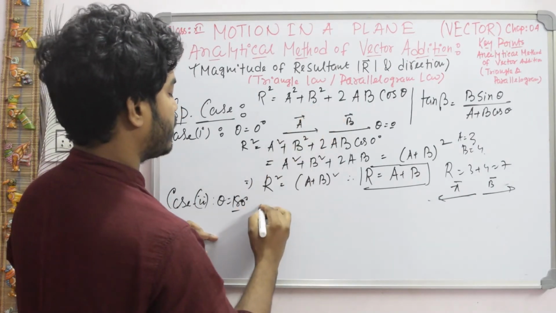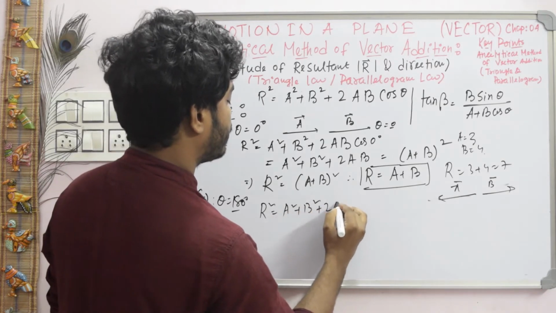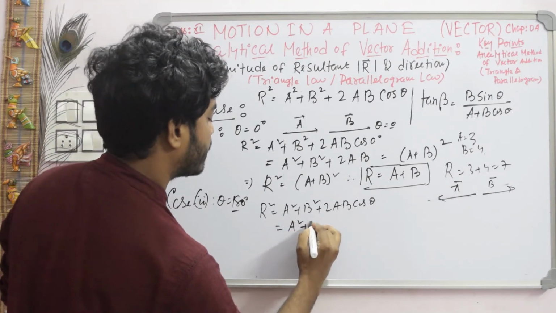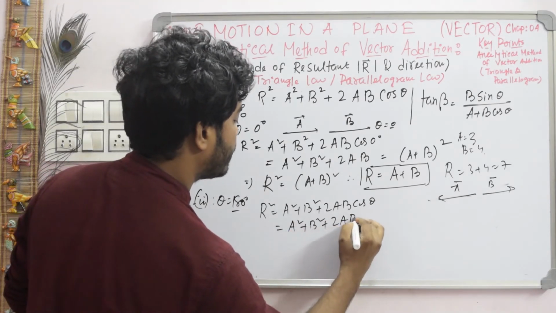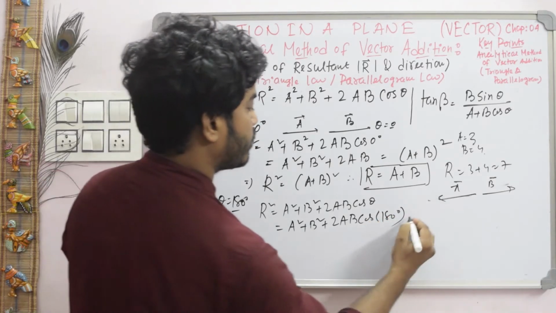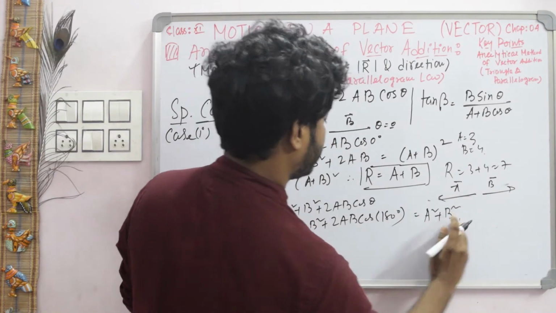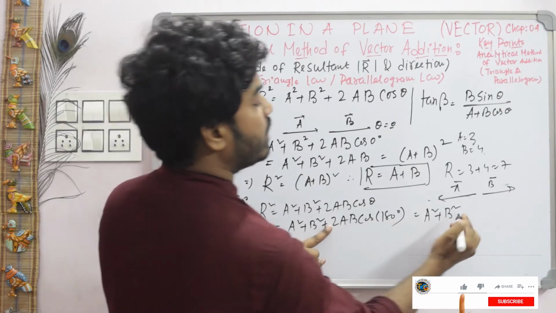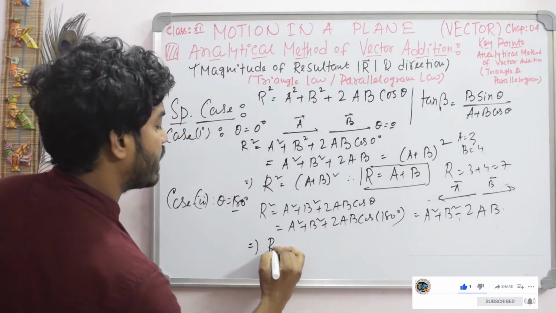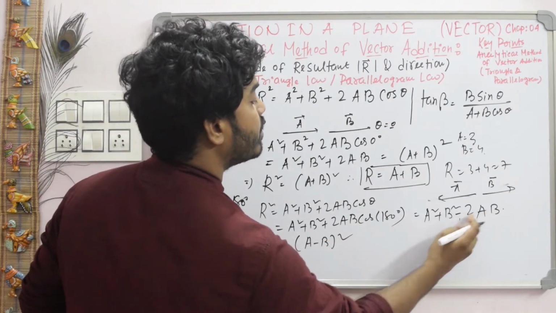Now use this condition. What will be the value of R square? That is A square plus B square plus 2AB cos theta. Now use A square plus B square plus 2AB cos 180. You know the value of cos 180 is minus 1. So this result gives A square plus B square minus 2AB, that is R square is equal to A minus B the whole square, A square minus 2AB plus B square.